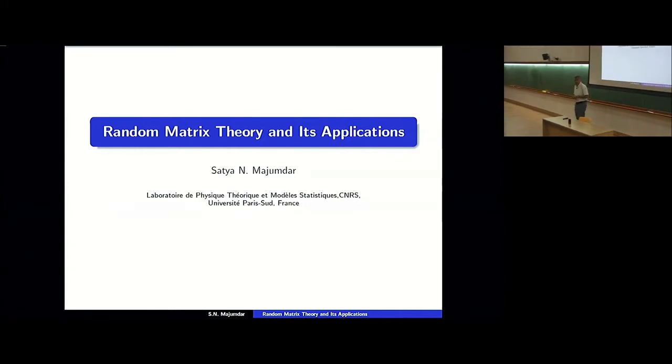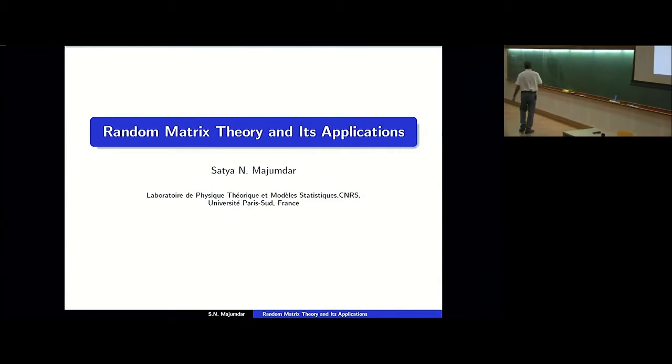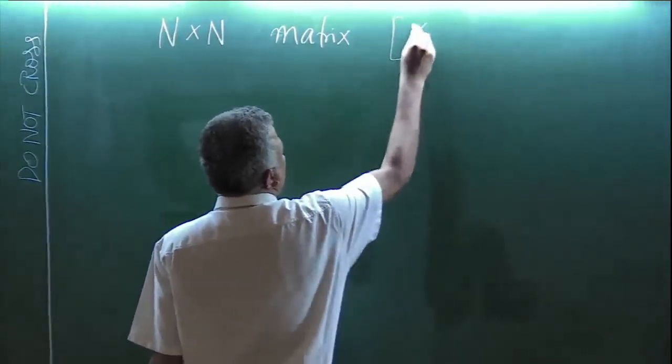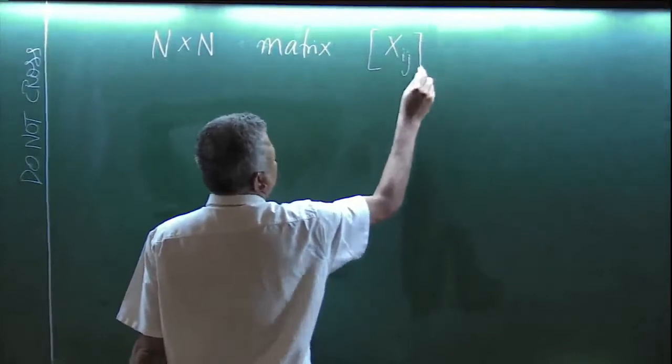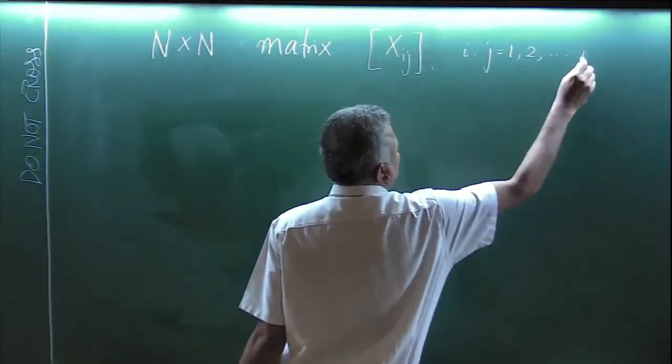Before I start these slides, I just want to tell you what random matrix theory is. So what is a matrix? If you don't see very well from the back, please let me know, and I'll try to write big.